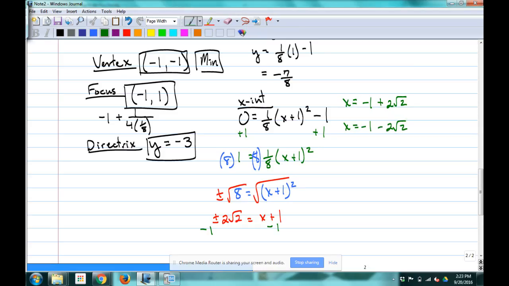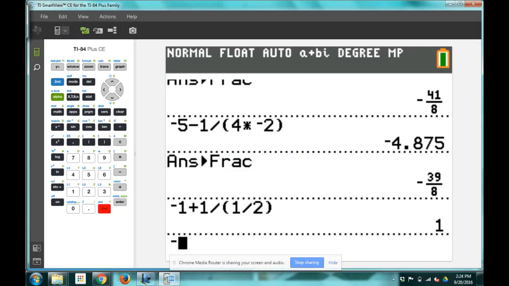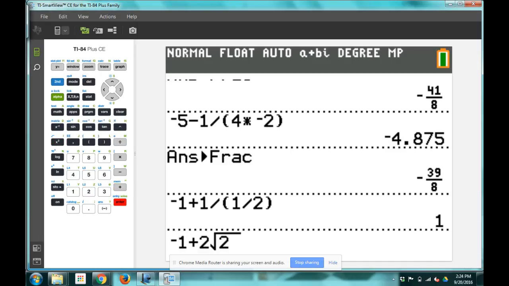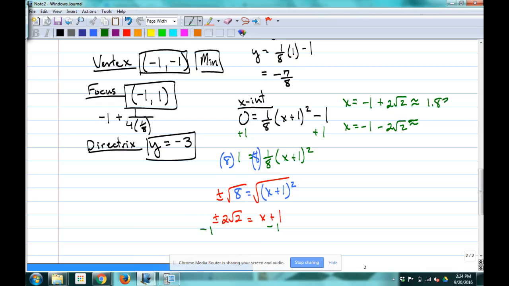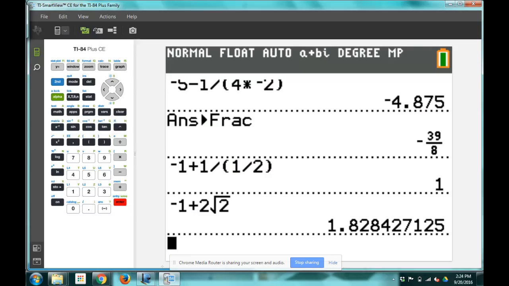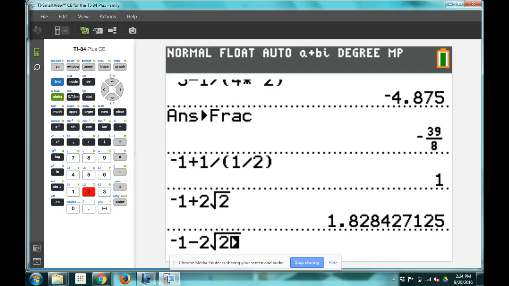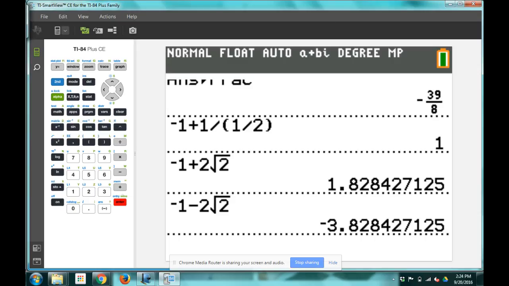Okay? This is where we did the decimal approximation stuff. So we need -1 plus 2 square root of 2, positive 1.83, a little less than 2, and then -1 minus 2 square root of 2, -3.83.